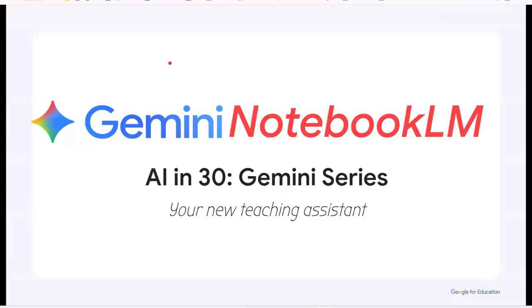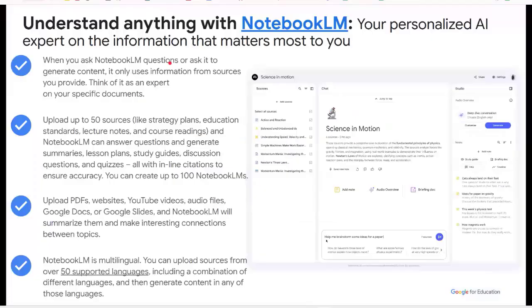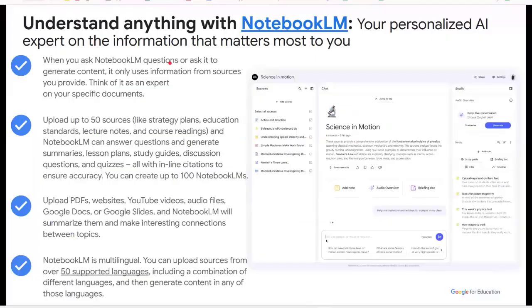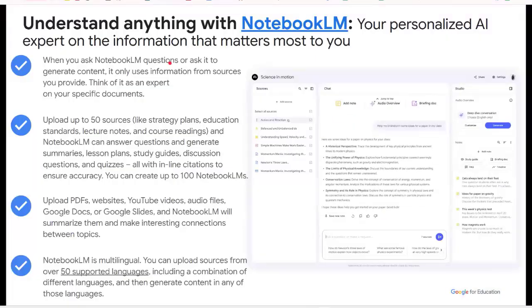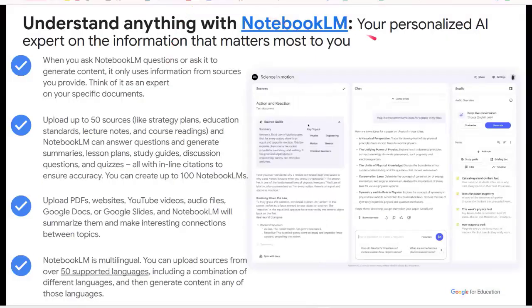But they took one of the L's out, so it's a language model, but it's based only on the sources that you upload. So it's not pulling anything from the web. It's just pulling from the sources that you put into Notebook LM. And I'm going to show you a bunch of examples that I've used as we go through.